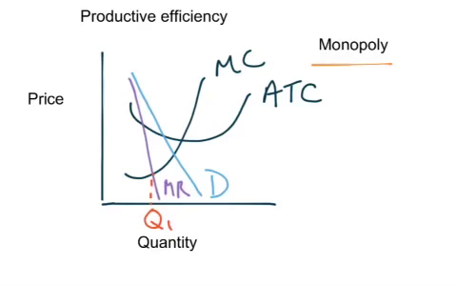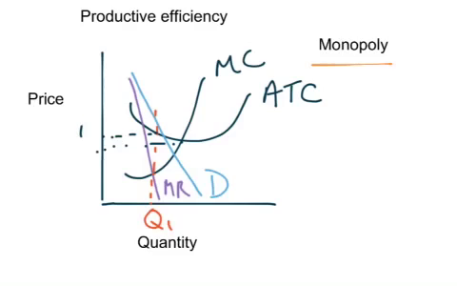At that point, we know, right, they're going to go up to the demand curve to set their price. But our focus right now is where are they producing? So in other words, if they're producing at this point on the ATC, that's not this point on the ATC, right?